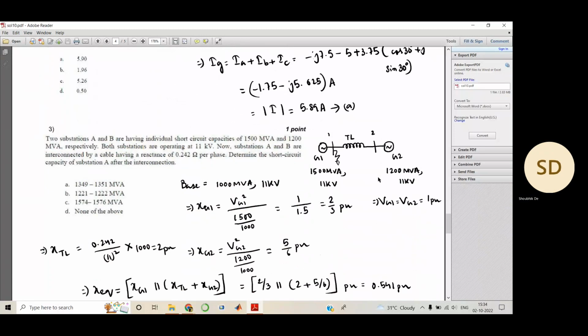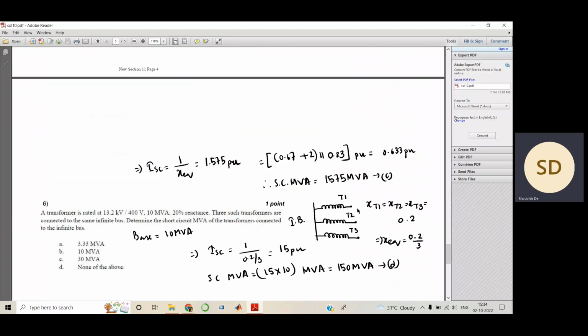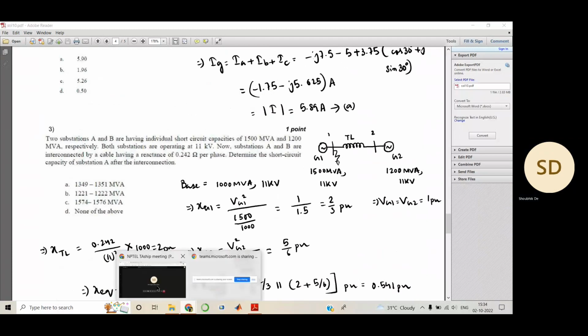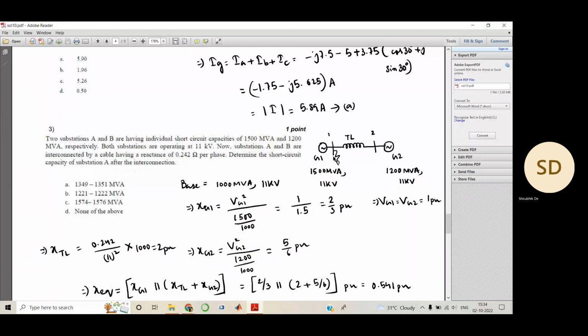Now, let us look at question number 3 and 4, and 6 also. So this would be our last three questions. So two substations A and B are having individual short circuit capacities of 1500 MVA and 1200 MVA respectively.